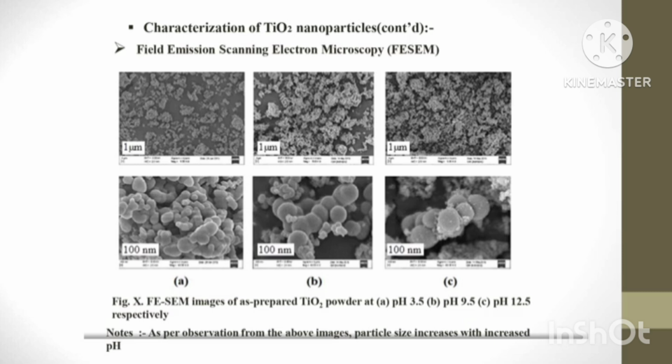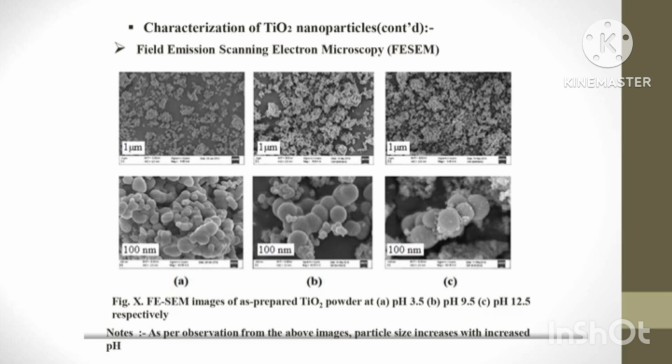In B, you just insert the figure of the TiO2 powder that was prepared at pH 9.5, and then C at pH 12.5. Now you have to compare the figures of these three pH. So keep the resolution the same so that you can figure out what changes have been observed at different pH.